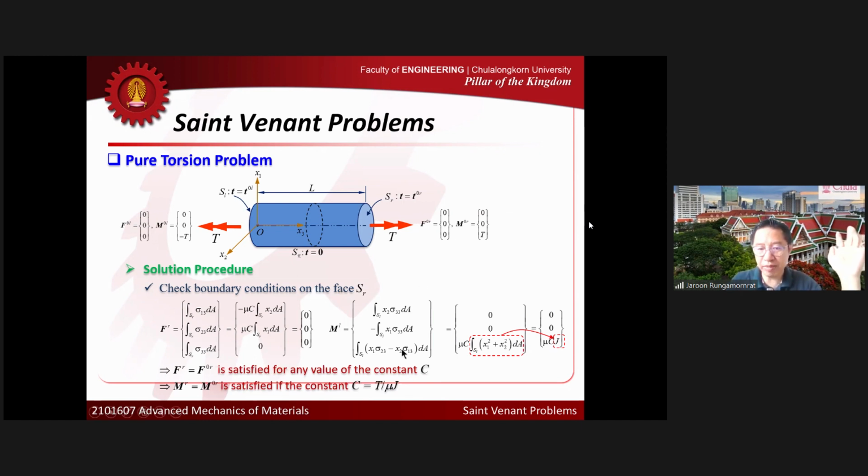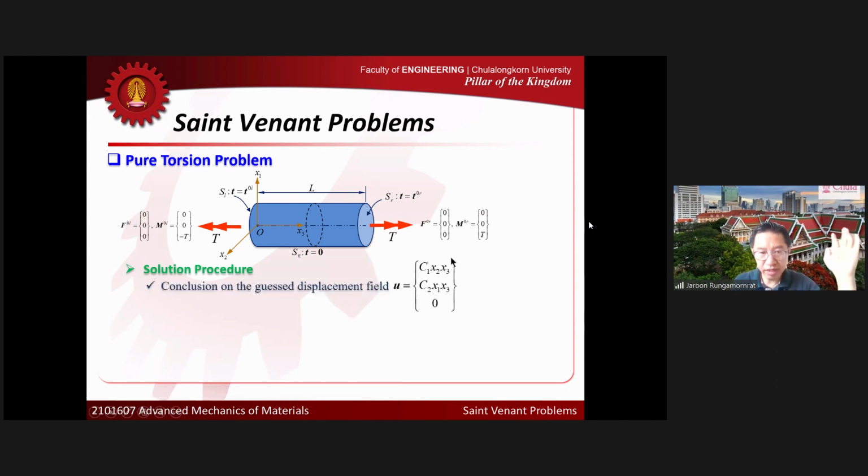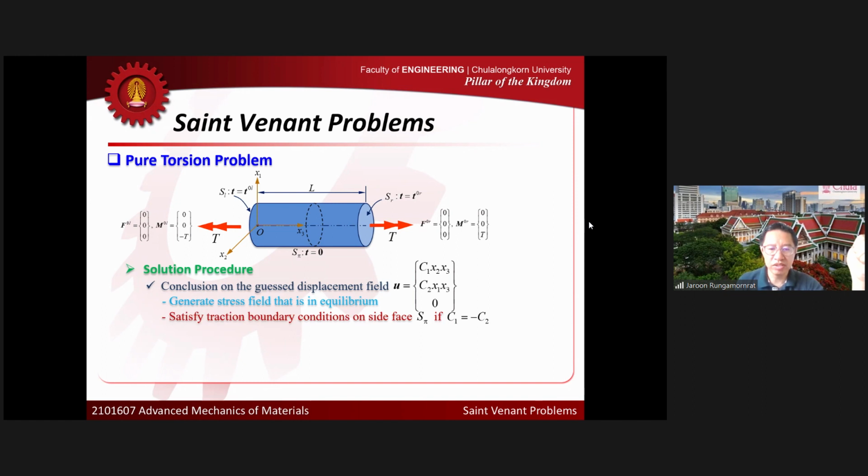Right? So let me summarize here. The conclusion is that the gauge displacement field of that form satisfies what? A stress field that is in equilibrium, right? So you generate stress and strain, and now you verify already that the stress is in equilibrium, and also satisfies the traction boundary condition on the side face if C1 is the negative of C2, okay?